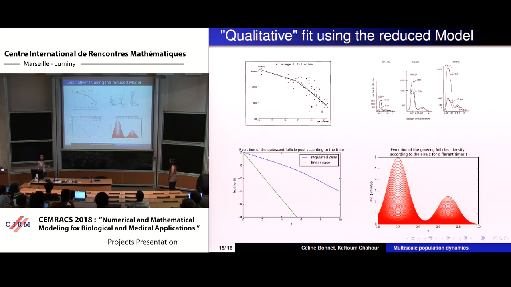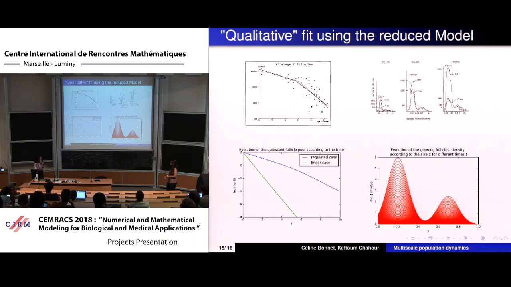Here we didn't make any data fitting or anything, but just with an appropriate choice of the maturity and mortality rates, we could reproduce this qualitative curve that is quite similar to the curve in biological data.